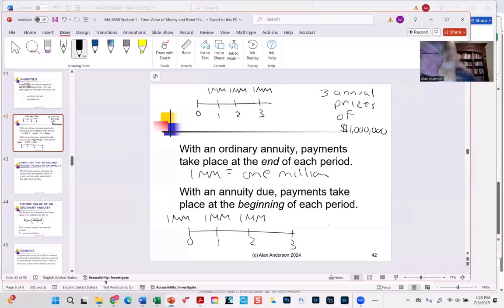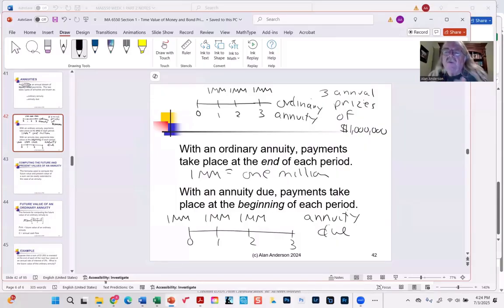So the one on the top, this is the ordinary annuity. And this one is known as an annuity due. Okay. Some cash flows are structured as ordinary annuities, and some are structured as annuities due. It depends on the type of security or whatever the case may be.